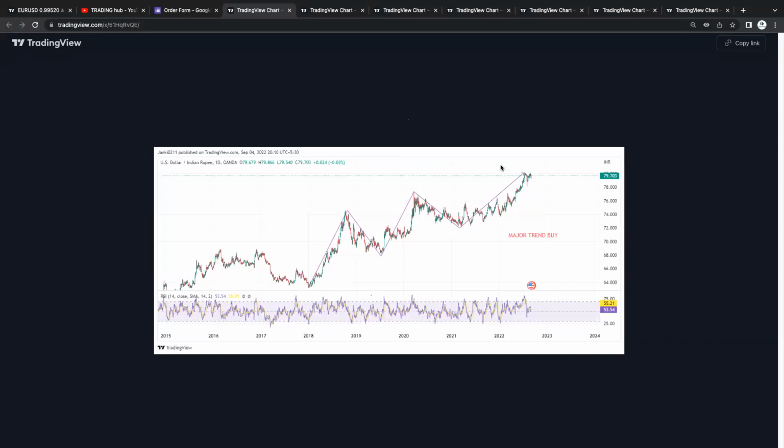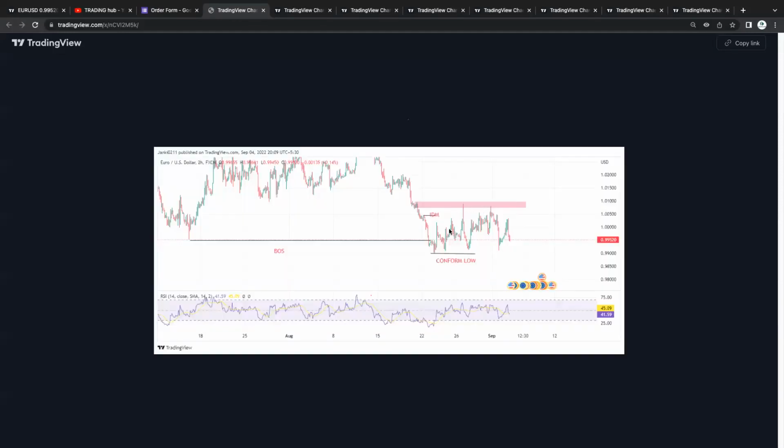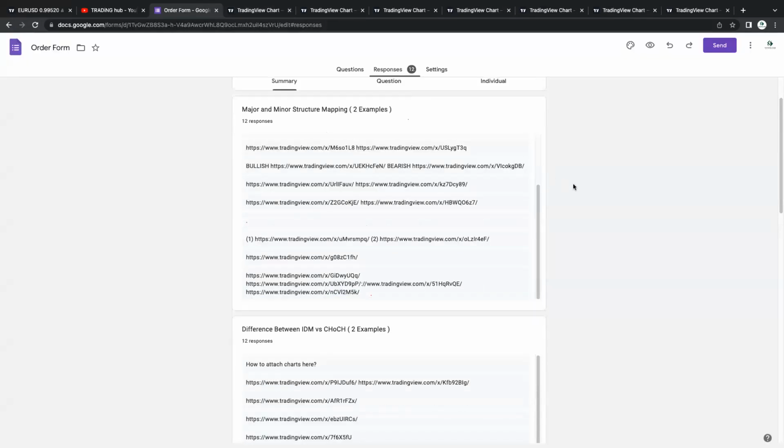Structure looks good. Break the structure, taking out the inducement. Inducement, I think, can be a little bit lower if everything fits, like broke the minor candle's low. But let's see. Okay. So the first person is almost finished, and now let's switch to the next one.